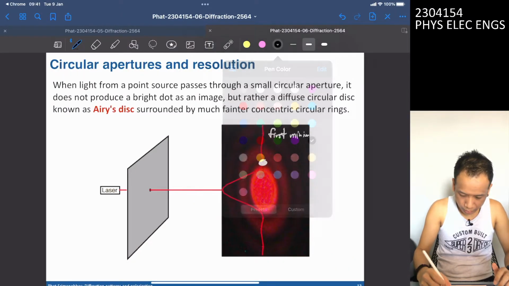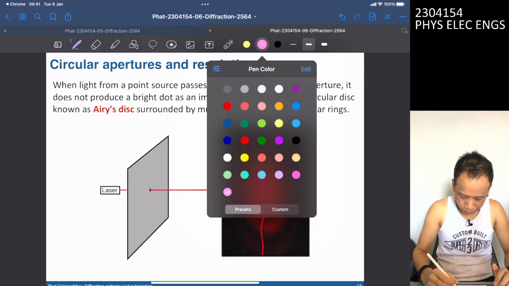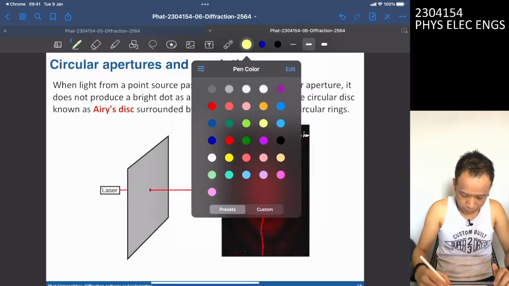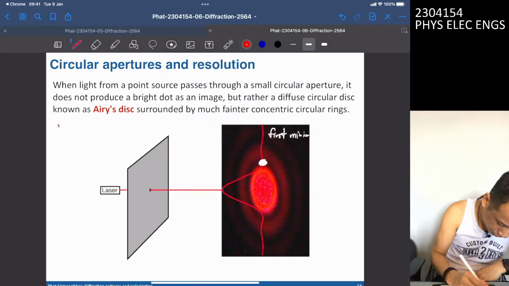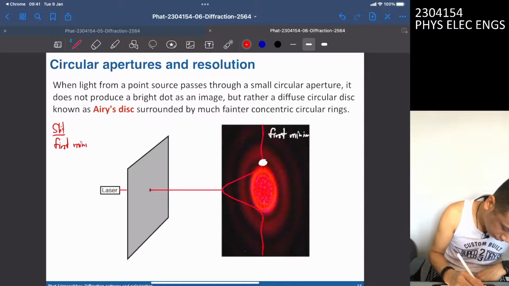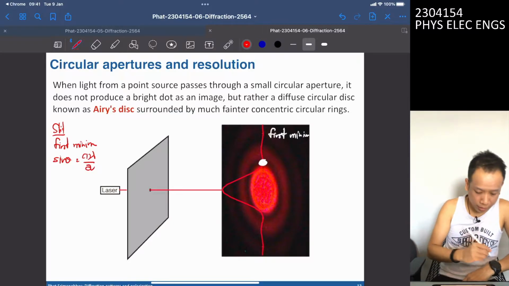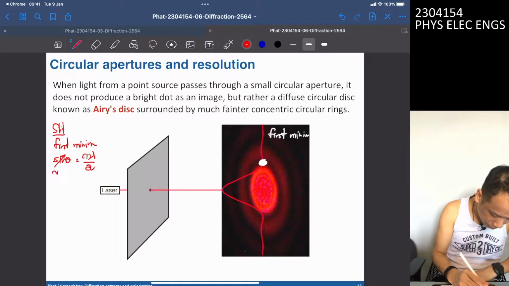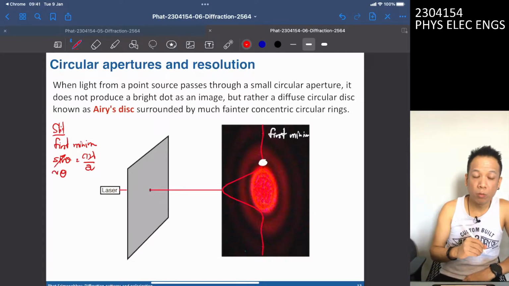Let's take a short note here. For the slit, the first minimum is sin theta equal to m lambda over A, and this can be approximated as theta if it's small.